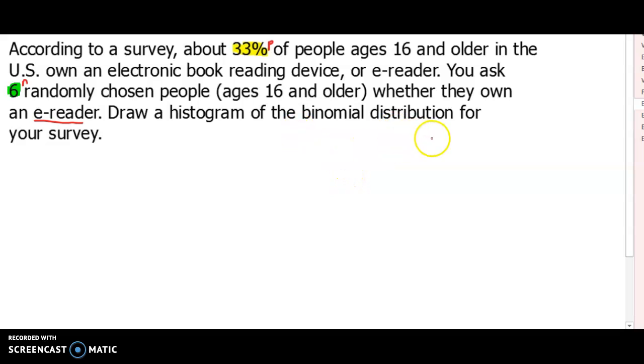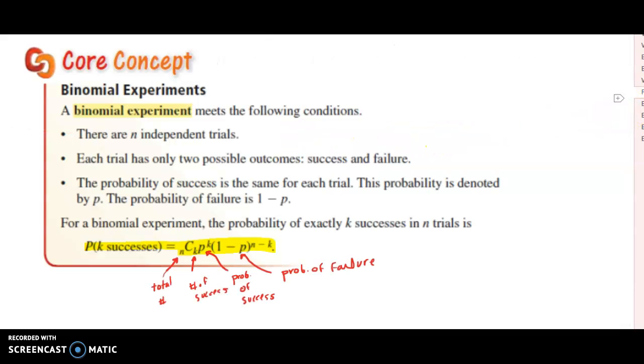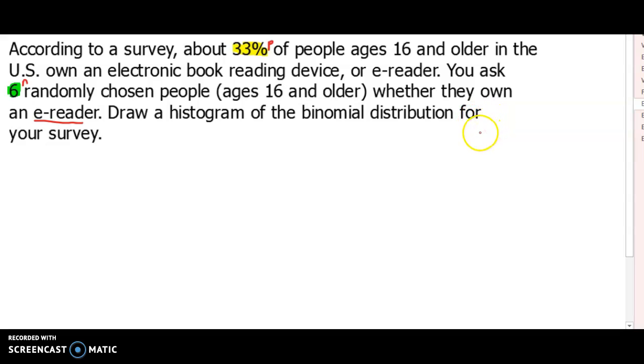Going back to the formula, it is N choose K, P to the K, 1 minus P to the N minus K. We're going to do that for K numbers 0 through 6. So we can have 0 people chosen with an e-reader, or we could have all 6.